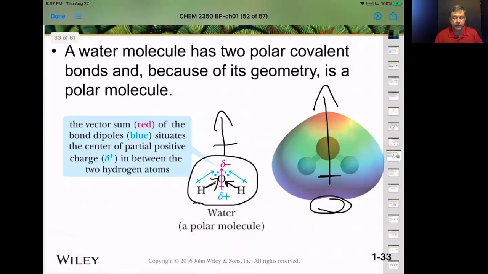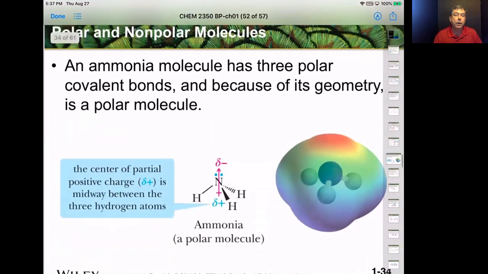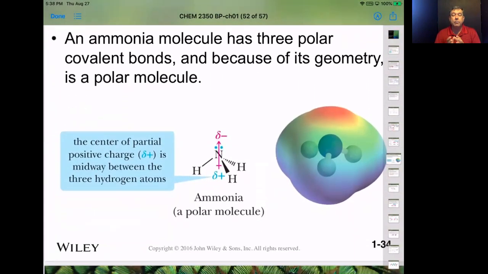Okay. All right, let's take it with another structure here. Let's go to our ammonia. If we look at ammonia, it's a tetrahedral structure. We have 4 regions of electron space, but we only have 3 bonds to the nitrogen here.